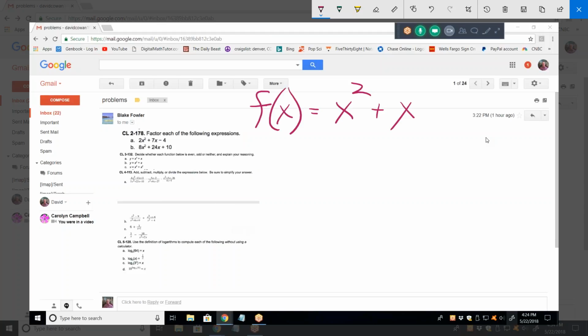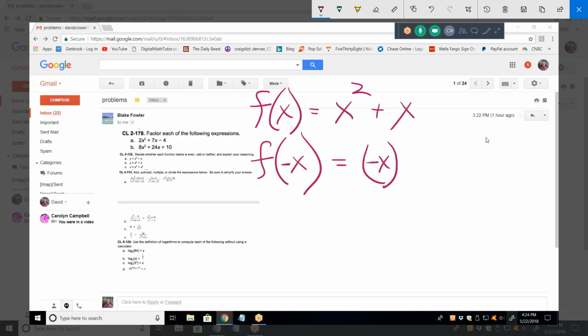So the first thing I should write is f of x, and the test is what is f of negative x. So you have to write that. Now plug it in. So then it'd be negative x squared is just x.